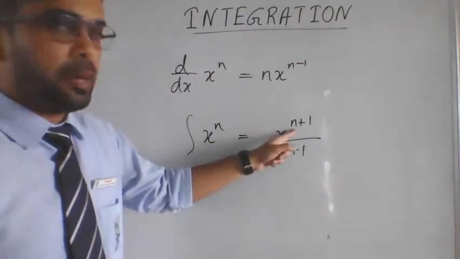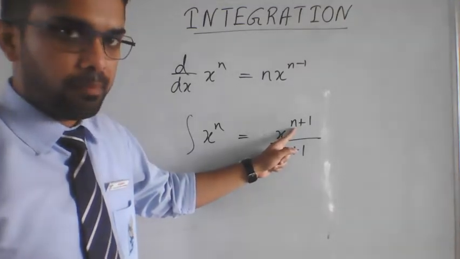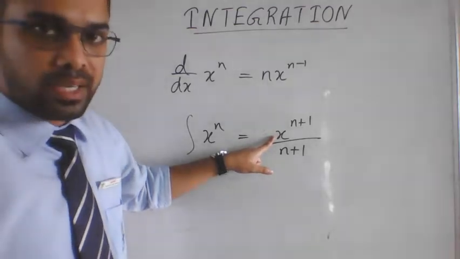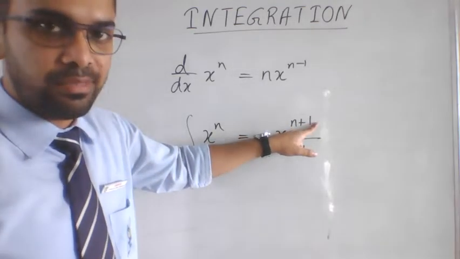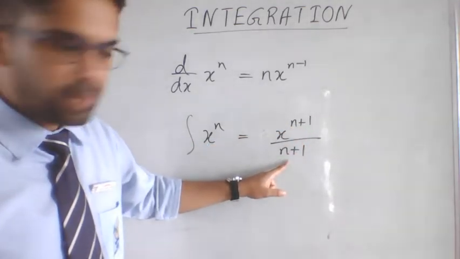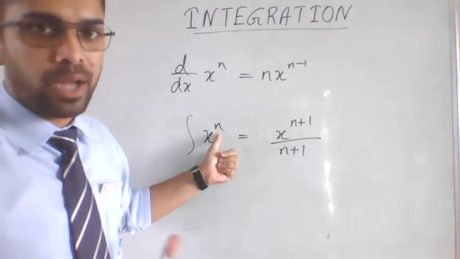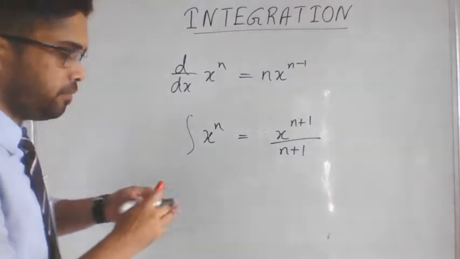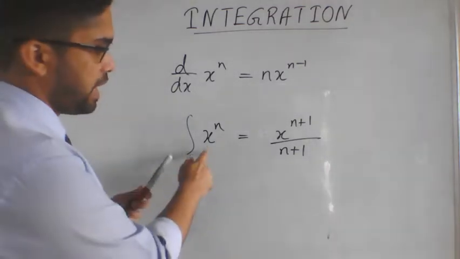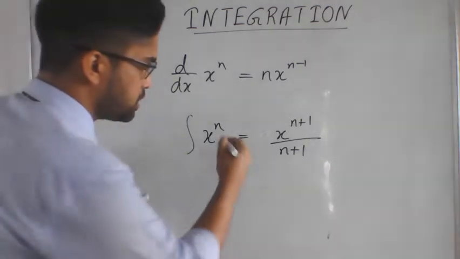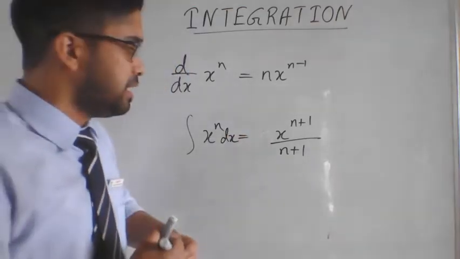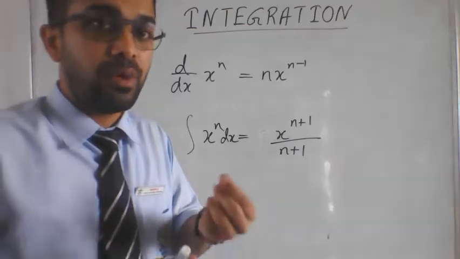So the power increases by 1, and the new quantity x raised to the power n plus 1 is divided by n plus 1. Here n can be 1, 2, 3 and so on. But I forgot something, we need a dx here.